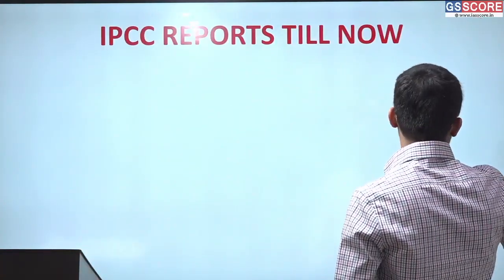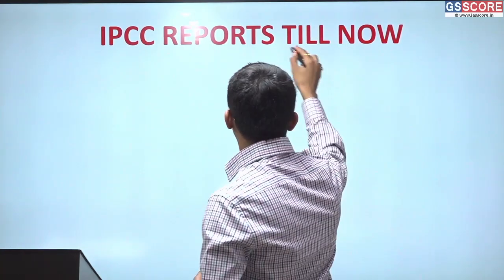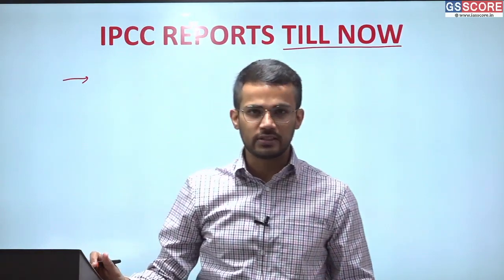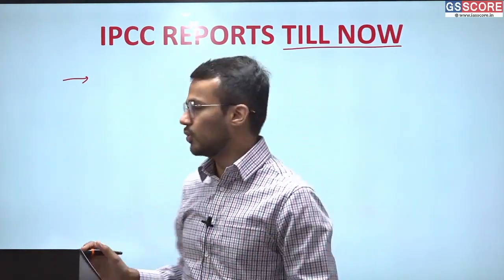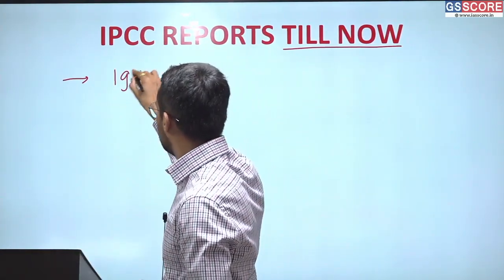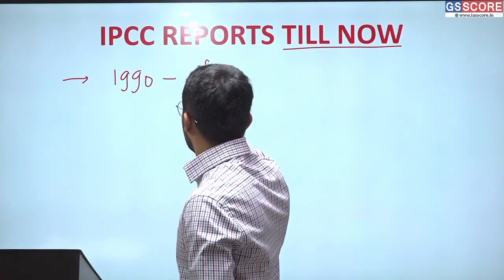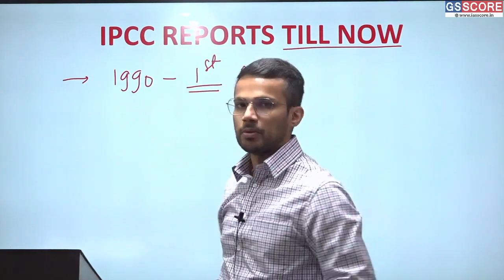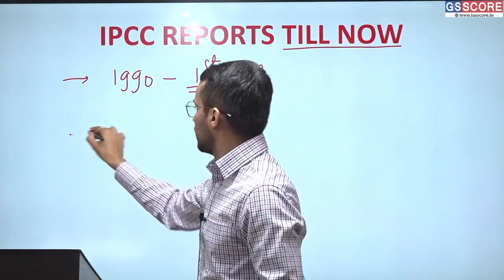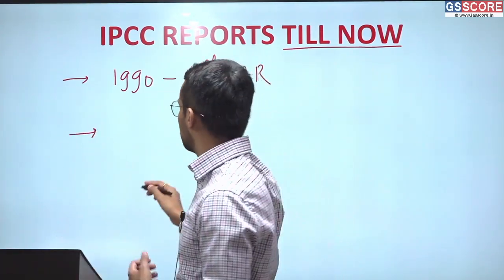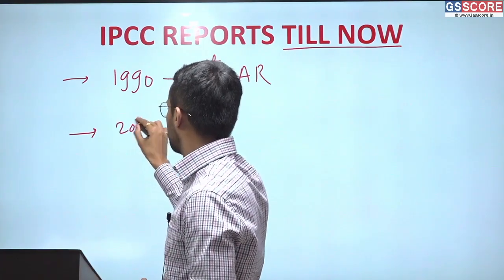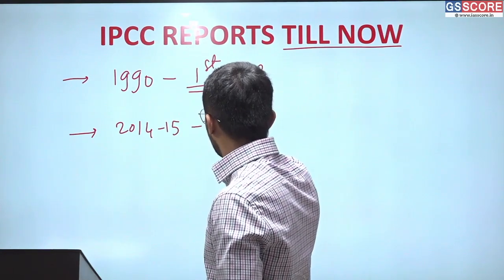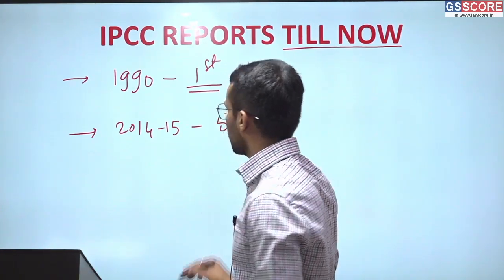Now, what are the reports that IPCC has published till now? Till now, IPCC has come up with 5 assessment reports starting from 1990. In 1990, the first assessment report of IPCC was published, and the last assessment report was published in 2014-15, and that was the 5th assessment report.